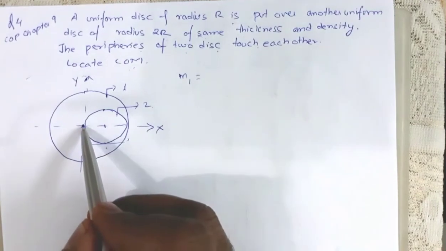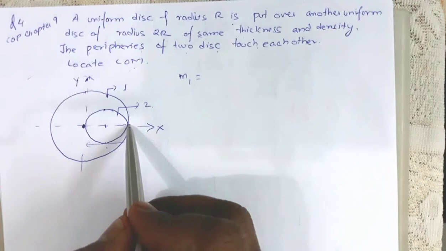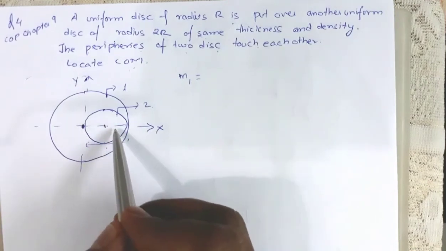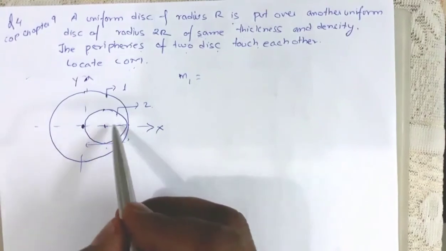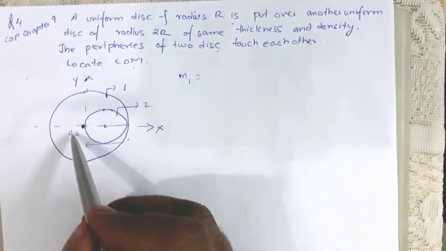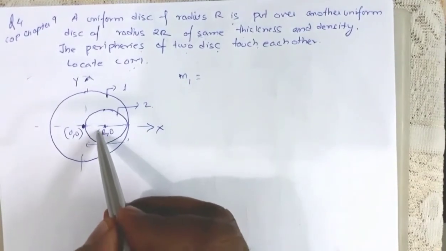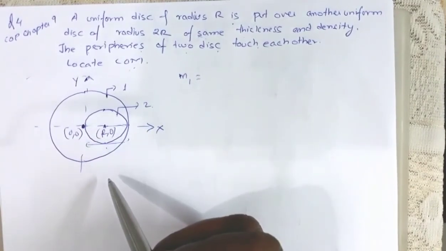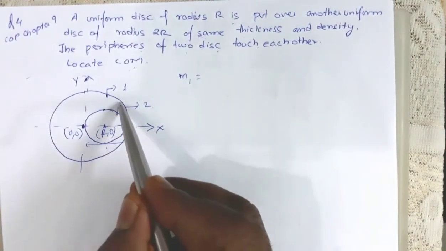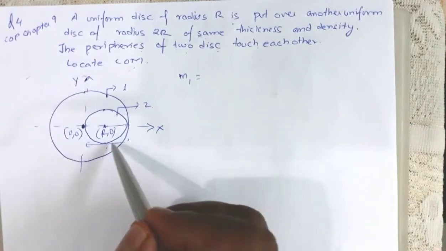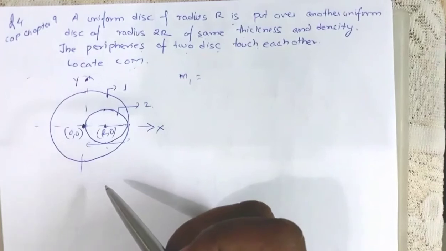From this point to this point it is r, from this point to this point it is r. For the smaller disk the radius is r, for the bigger disk the radius is twice r. So the coordinate of this is 0, 0 and this point will be r, 0. So 0, 0 is the center of mass of the bigger disk and r, 0 is the location of the center of mass of the smaller disk.